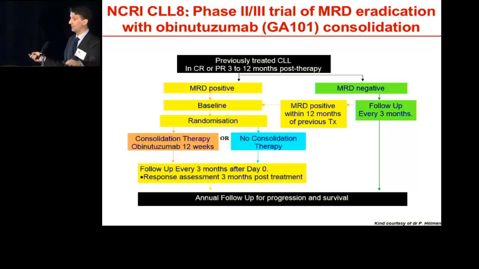Similarly, there are many other studies that are opening with other novel therapies aiming on eradicating somehow the disease, aiming for the MRD status. Here is again another British study where people treated with any kind of therapy who are in complete remission or partial remission can aim for MRD negativity by consolidation with GA101.